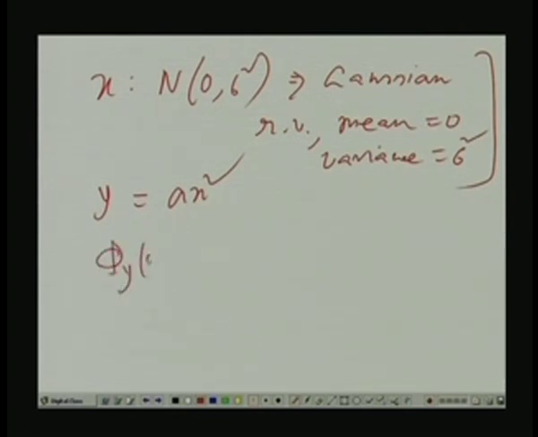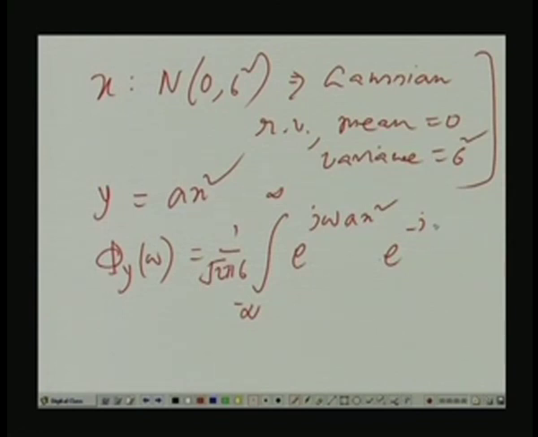Now, we know what is phi y omega. We can write it simply like e to the power j omega y, which is a x square, and p x x we know 1 by root 2 pi sigma e to the power minus, sorry, dx.